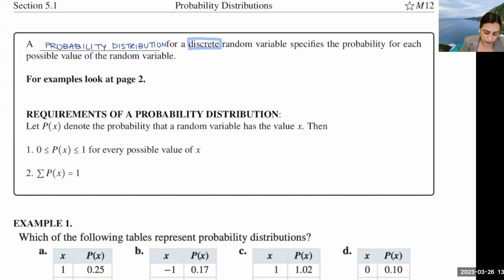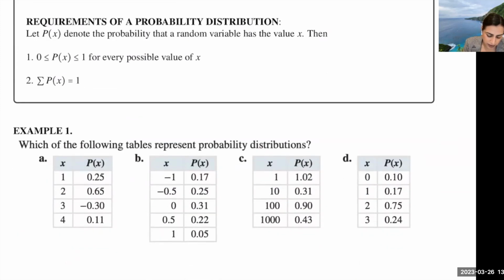The other thing about a probability distribution is that the sum of all of the probabilities has to equal 1. Now, that's if my probability is written as a decimal. If my probability is written as a percent, then it would be between 0 and 100%, and if we sum up all the probabilities, they should add up to 100%.